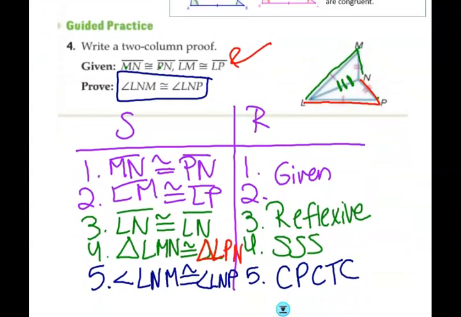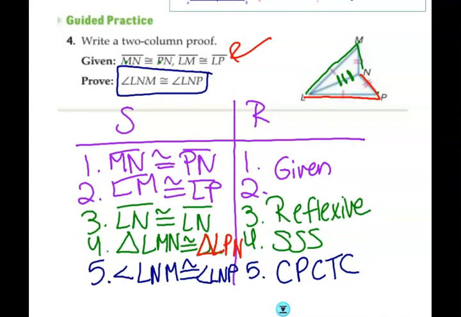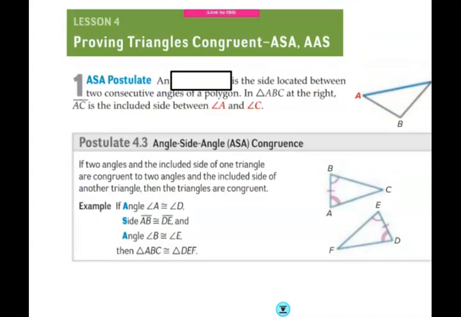Okay, so LNM and LNP, these two angles are congruent because the triangles are congruent. Boom. I didn't need any other theorems, so CPCTC is a great tool to use. And then that's it, folks.